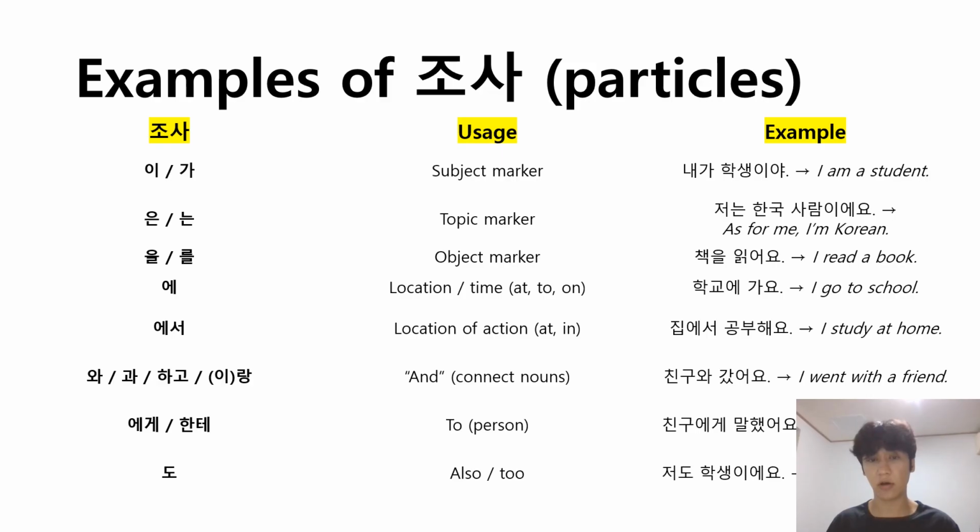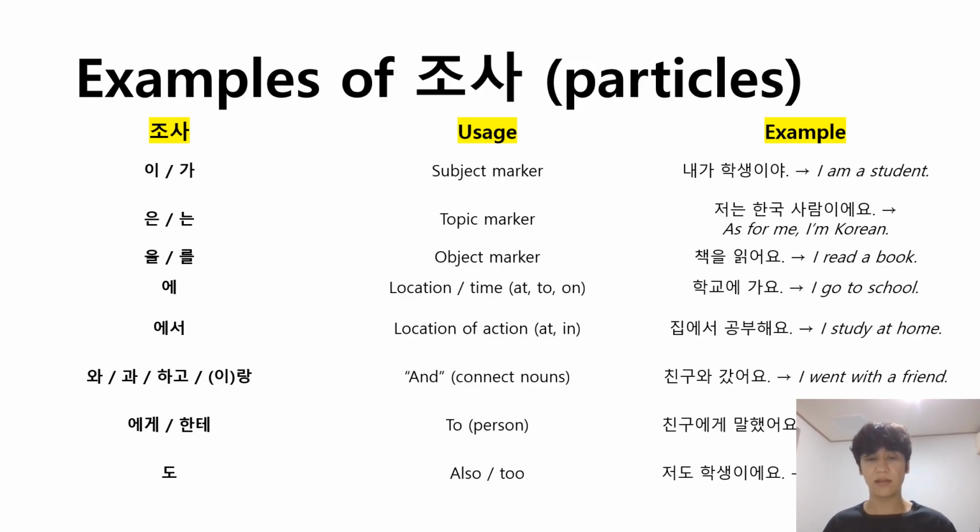That's the location of action. 집에서 공부해요, I study at home. And we also have particles like 'and,' 와, 과, 하고, 이랑, and 에게, 한테, that's 'to' a person. For example, 친구에게 말했어요. 친구에게 선물을 줬어요, I gave a present to my friend.